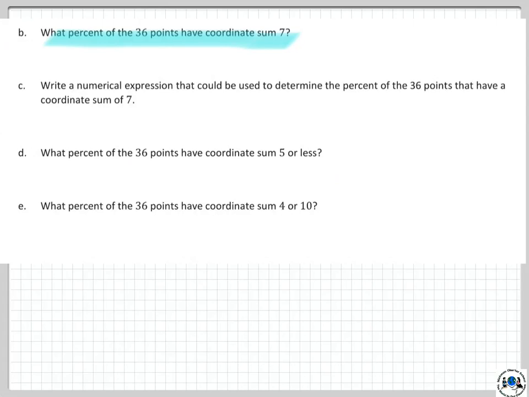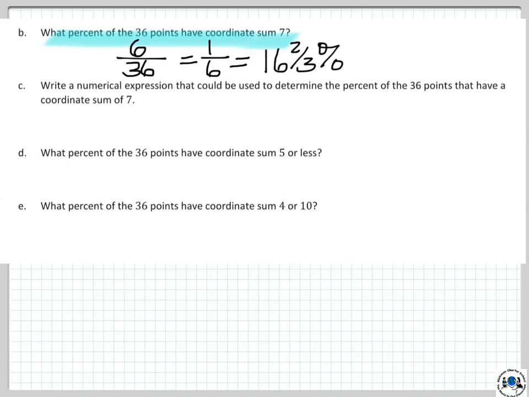All we need to do is count those points that were on that line that we drew, that first line actually, and there were 6 of them, okay, and there were 36 total points, okay, because we know that because that's right here. All right, so 6 out of 36, same as 1 over 6, which is 16 2/3%.